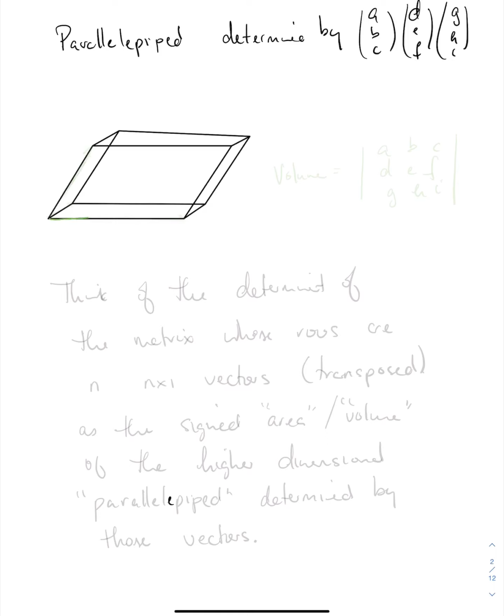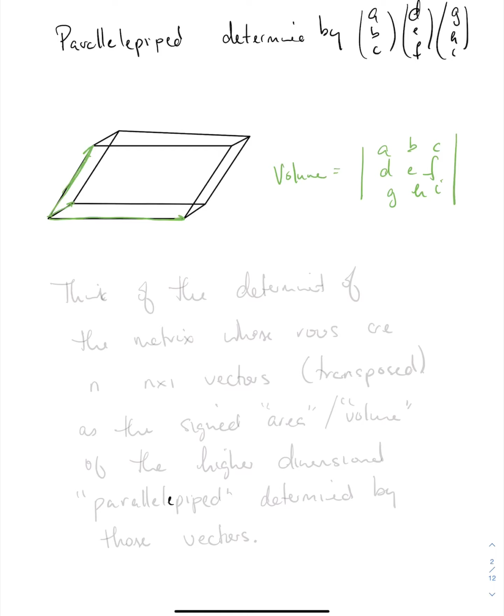So let's just say that these are the three vectors that are determining this parallelepiped. And the volume of this is going to be the determinant of a, b, c, d, e, f, g, h, i.